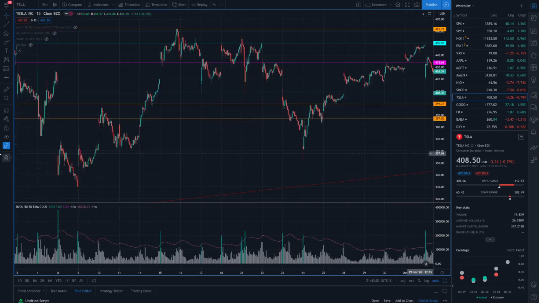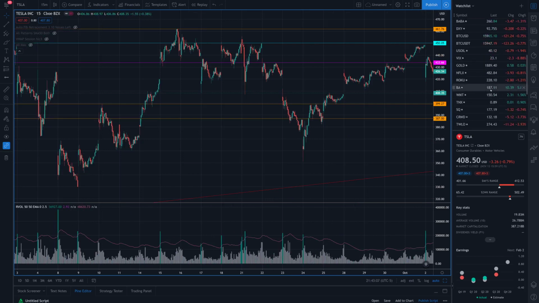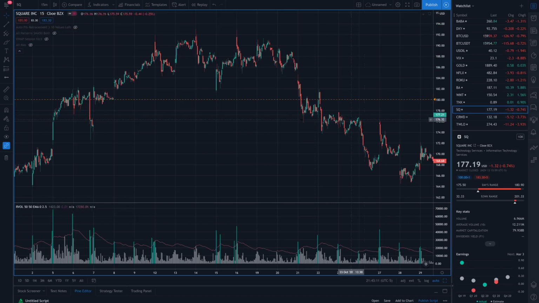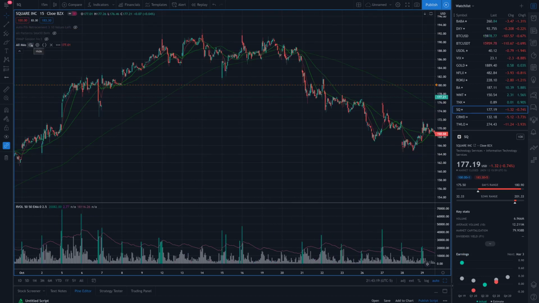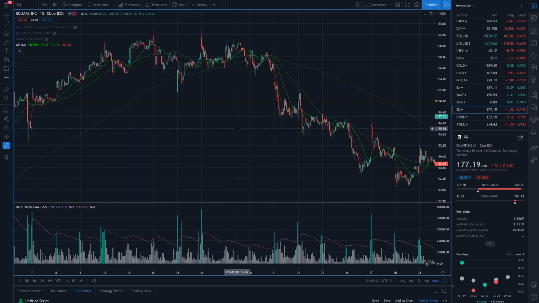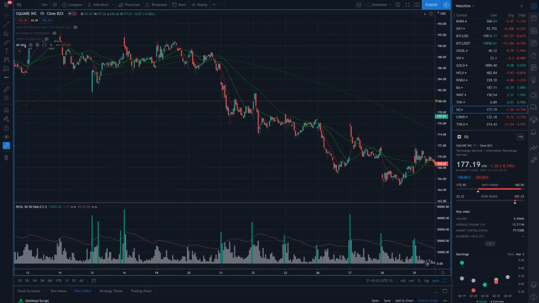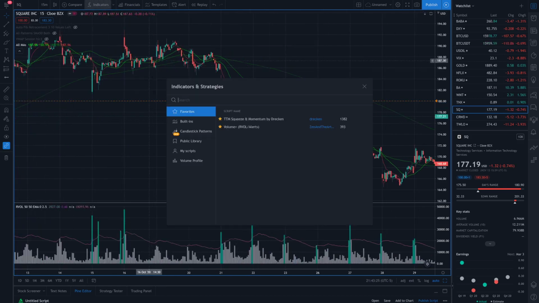So next I want to move on to the moving averages. Let me use a stock like Square. I use this indicator, which is called all moving averages. On TradingView, you can search an indicator.